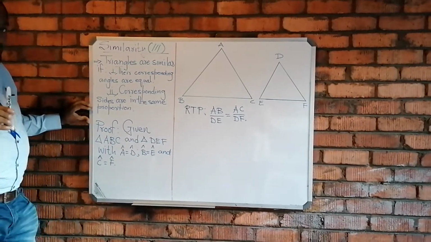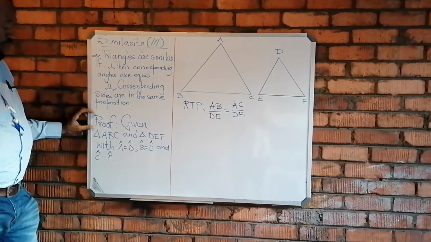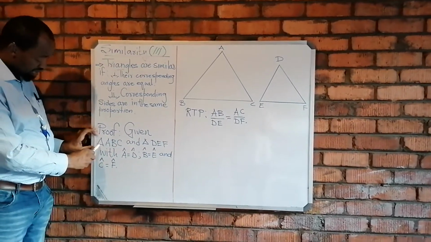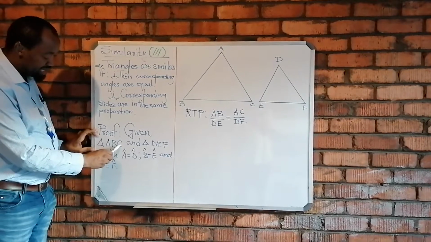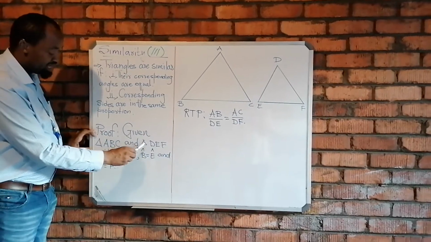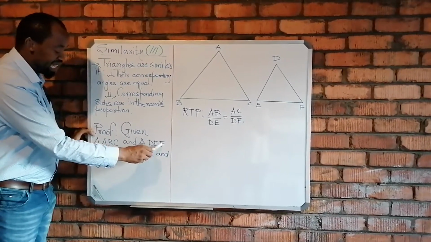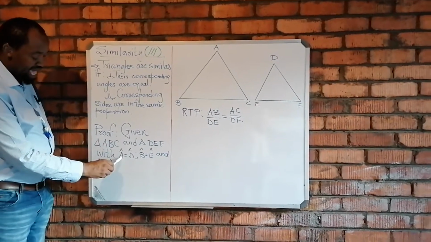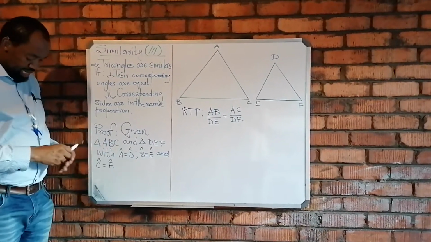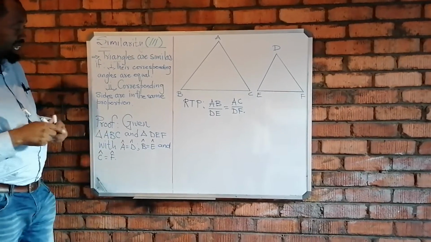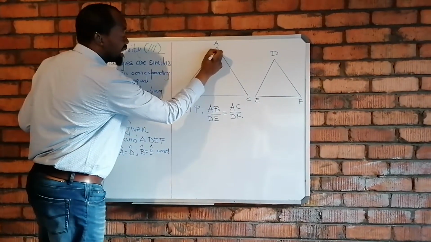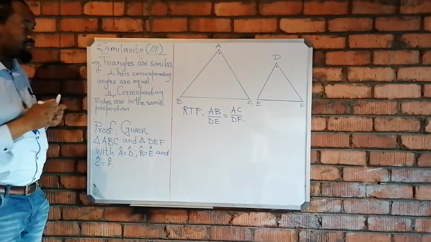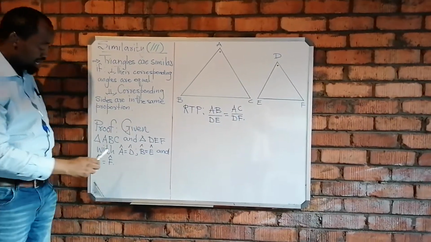How do we prove this theorem? We will give you two triangles, triangle ABC and triangle DEF, with angle A equals to angle D. I will go and mark there. It says angle A is equal to angle D. I mark them with the same symbol.